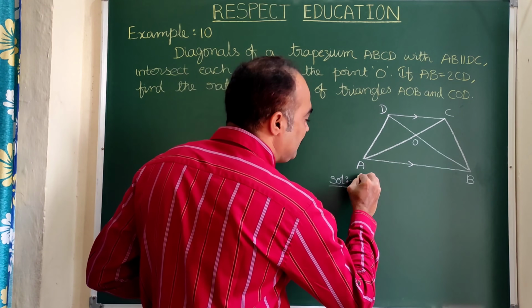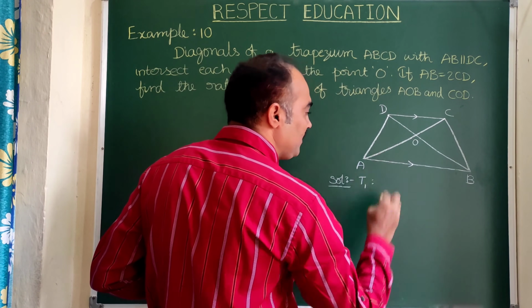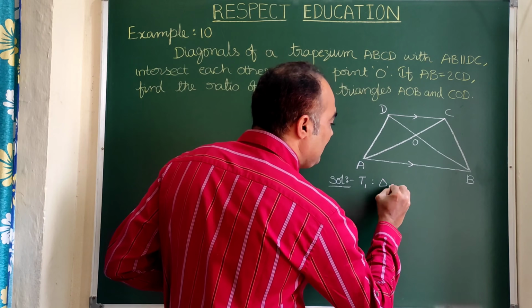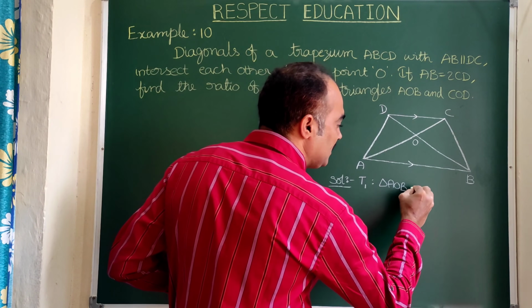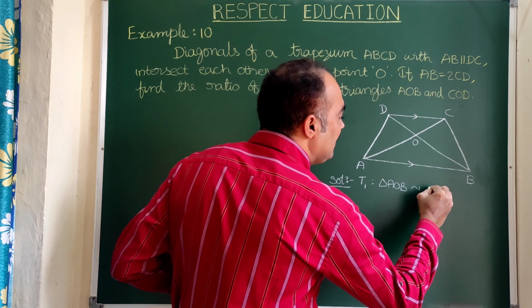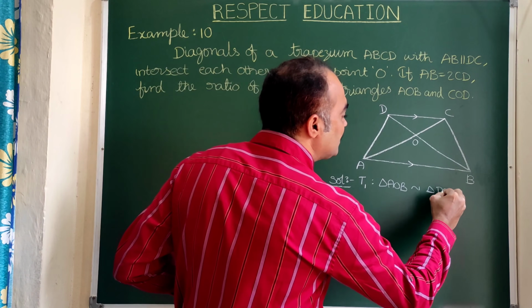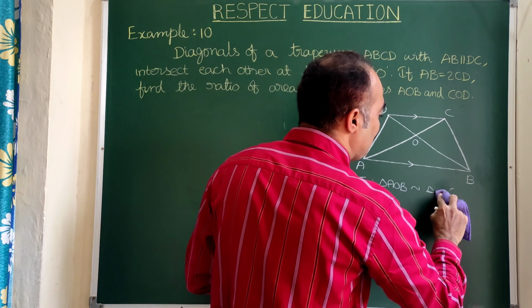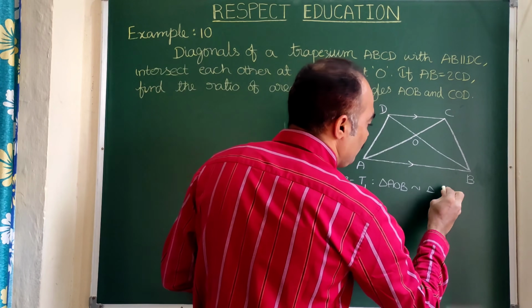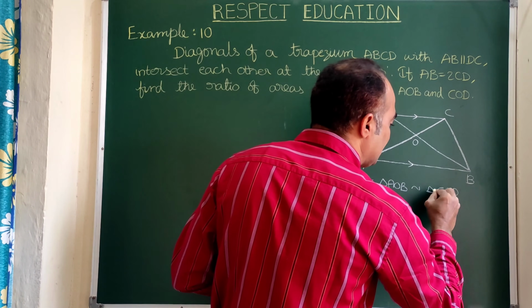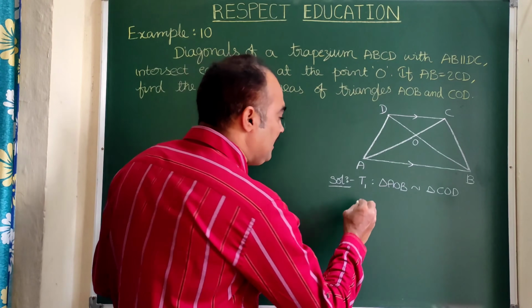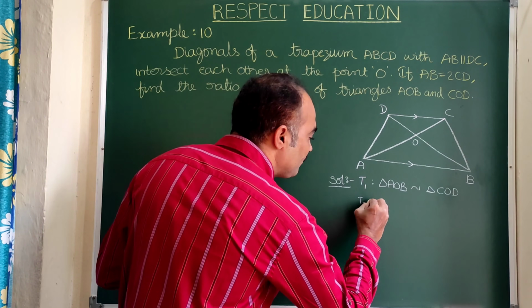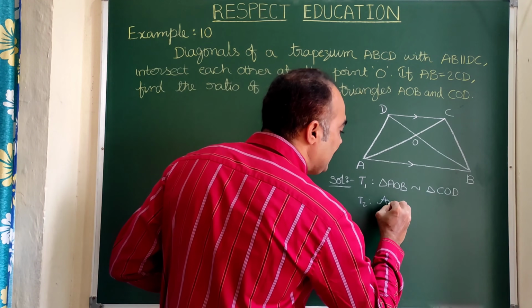Target one is T1. I am writing T1 as triangle AOB similar to triangle DOC, or we can write AOB and COD in the same order. First we need to prove these two triangles are similar, and then target 2 is we need to find their areas.